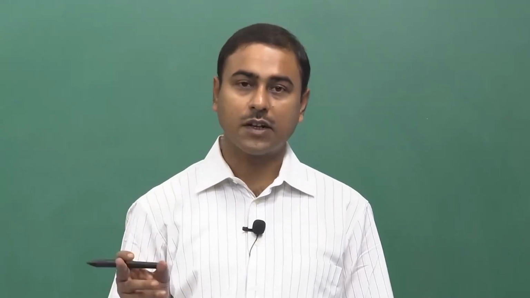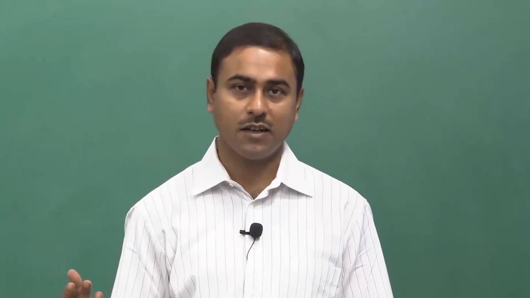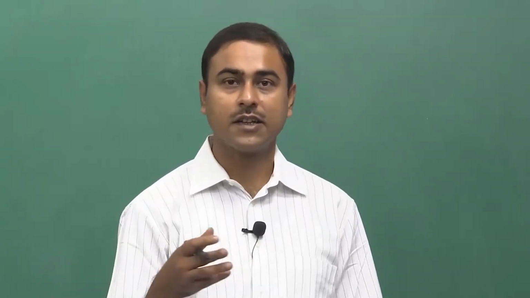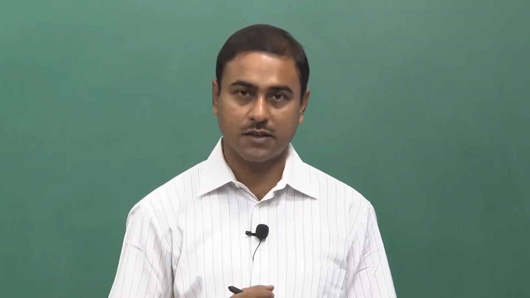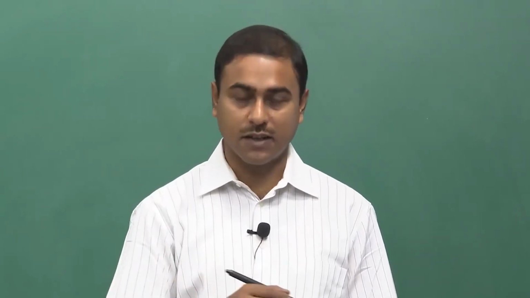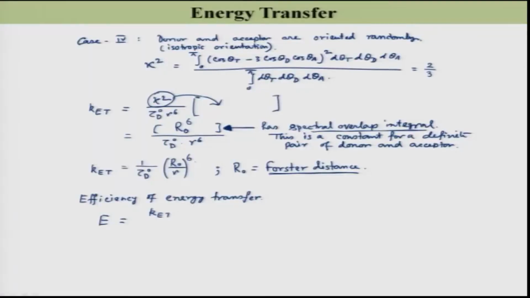The total rate constant means the inverse of tau D0, that is Kr plus Knr, plus the other rate constant responsible for deactivation, K_ET, the rate constant of the energy transfer. So this efficiency of energy transfer can be easily written as K_ET divided by tau D inverse.